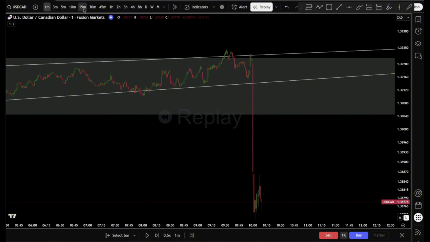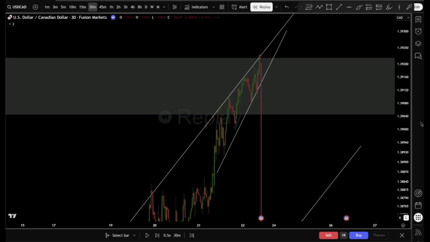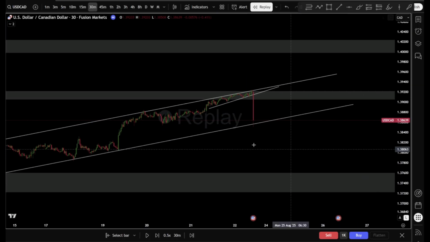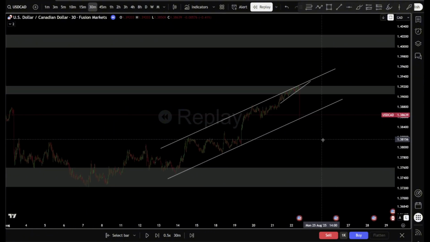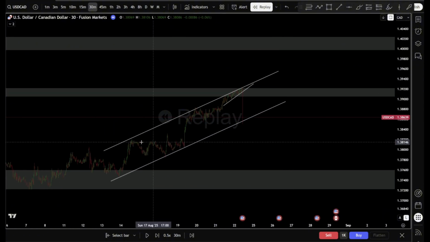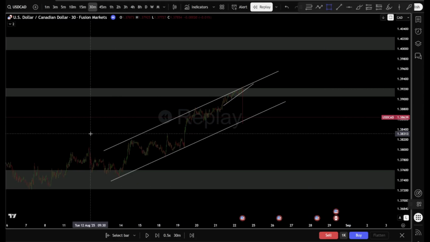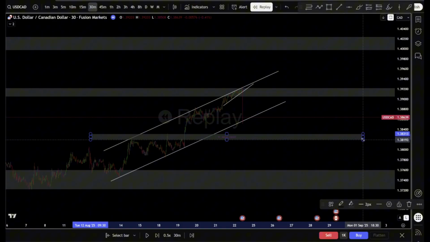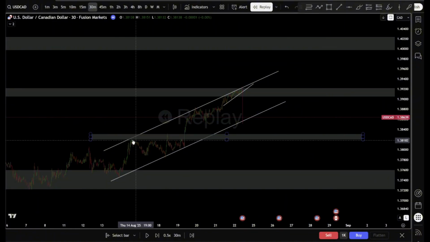So we will go back to 30 minutes to draw our take profit. We would have put our take profit in this area, as you see right here, a support zone.